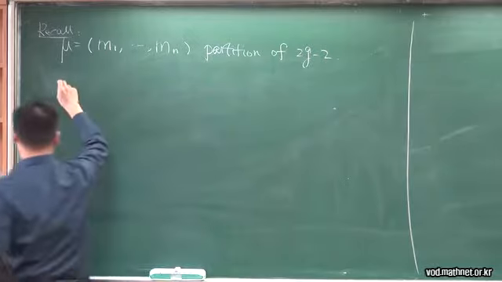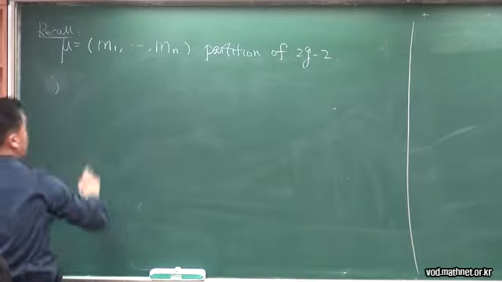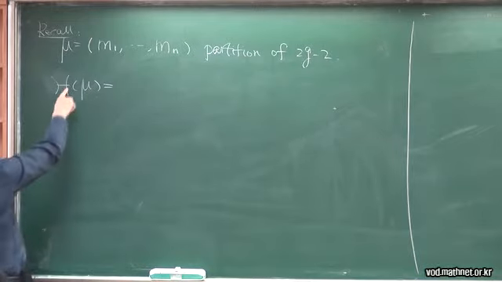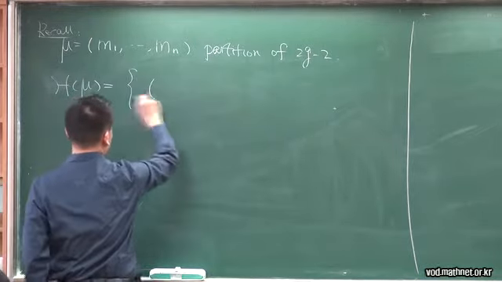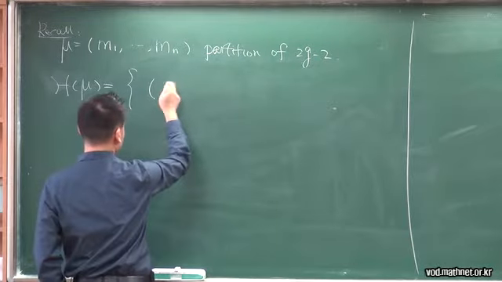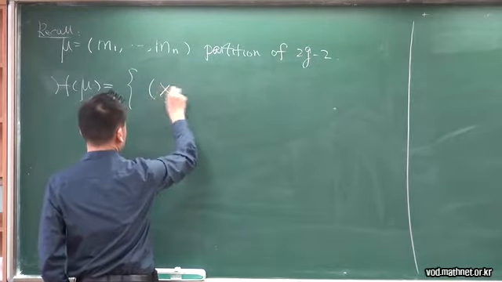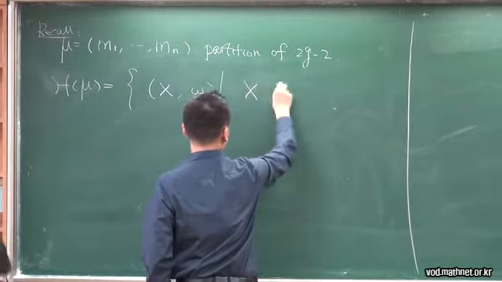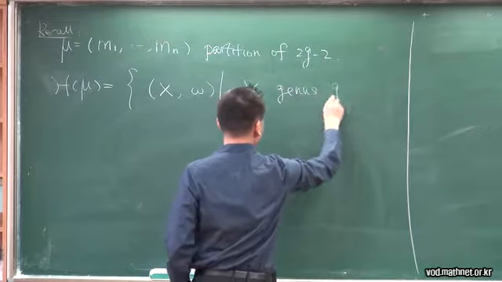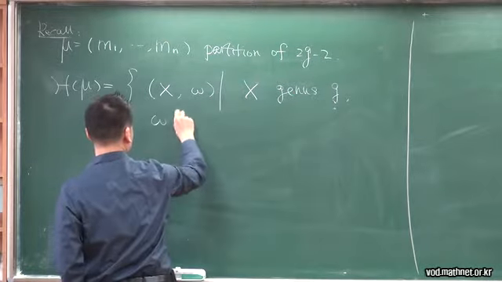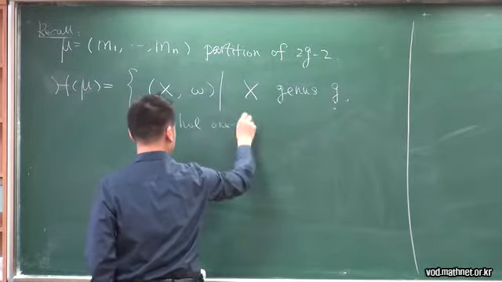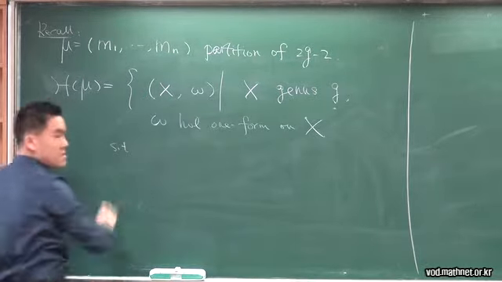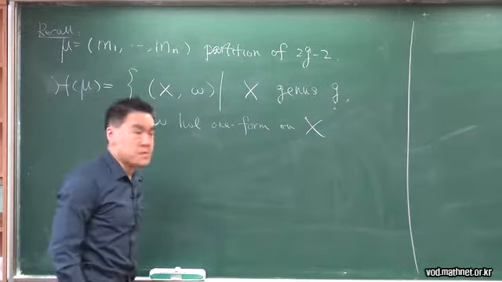So we define the following strata of abelian differentials, H mu, of holomorphic one forms, consisting of pairs of a genus g Riemann surface X and a holomorphic one form omega on X with the given number and multiplicity of zeros.